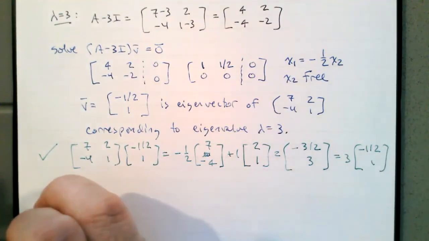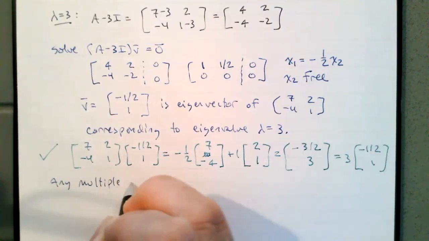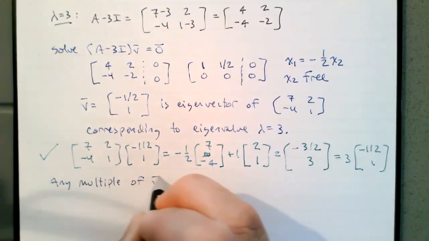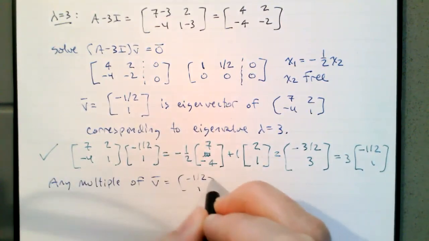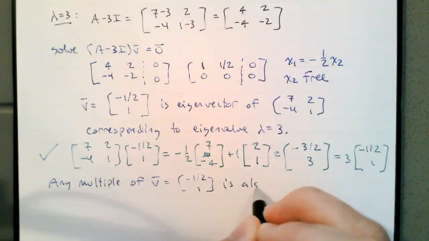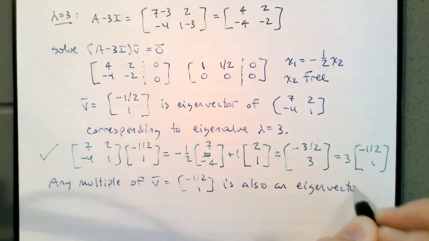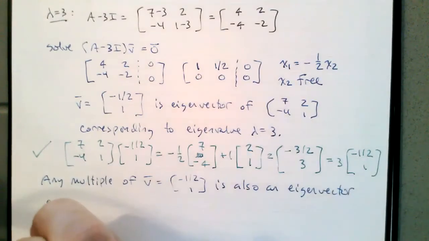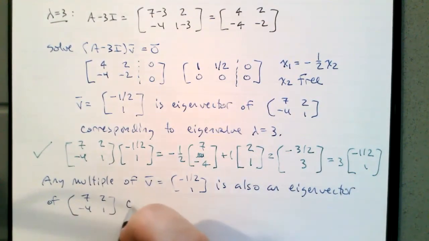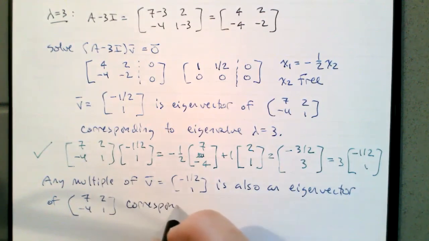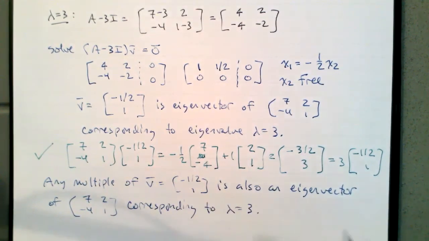Any scalar multiple of v equals negative 1/2, 1 is also an eigenvector of A corresponding to lambda equals 3.